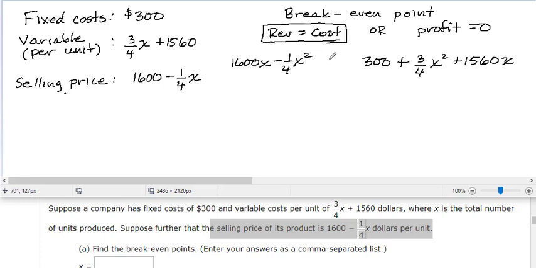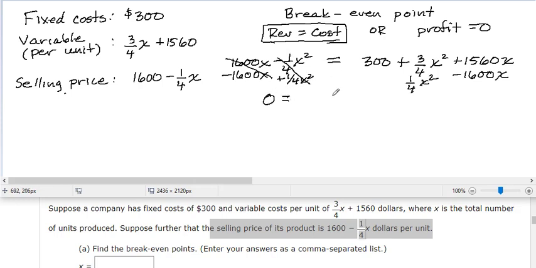I have my revenue function that I built. I set it equal to the cost function that I built. And not surprisingly, in this chapter, I'm looking at a quadratic equation. So I need to set it equal to 0. I will choose to move the terms from the left side to the right side. So that's 1,600x and add a 1/4 x squared.